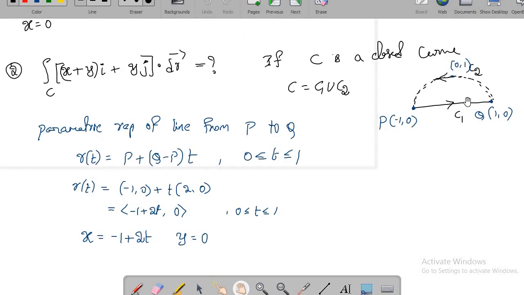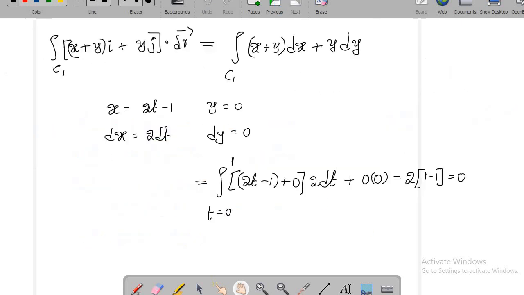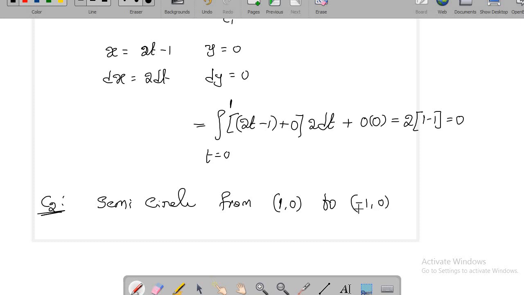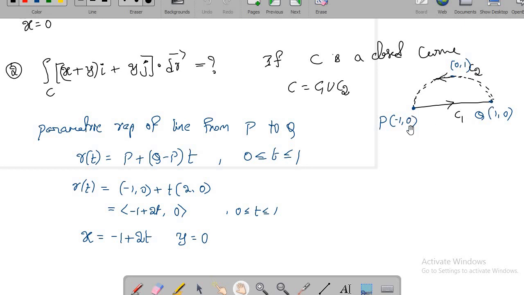Now you need to integrate along C2. So what is C2 here? C2 is a semicircle from 1 comma 0 to negative 1 comma 0. Now what is the parametric representation of the circle from this point to this point?